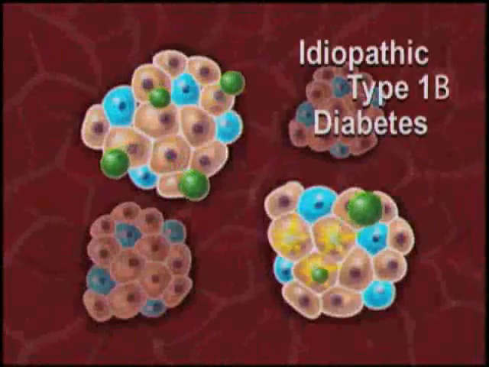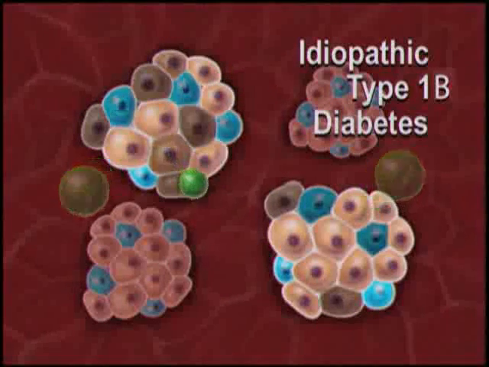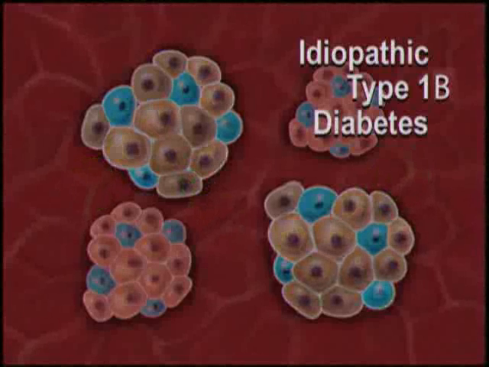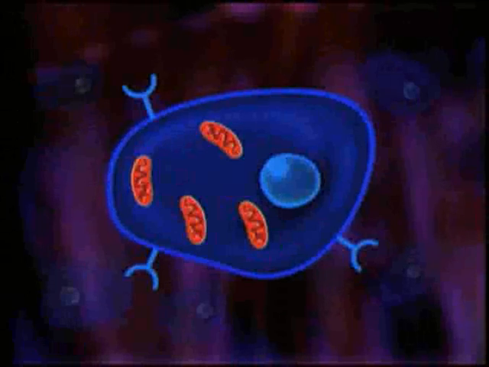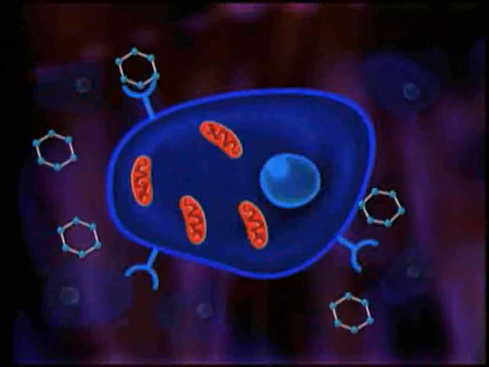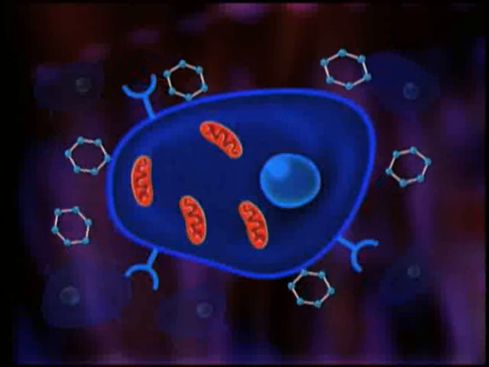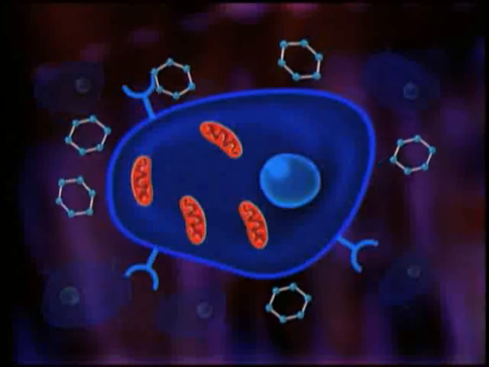In idiopathic type 1 diabetes, or type 1B, the cause of beta cell destruction is unknown. Type 1B accounts for less than 10% of type 1 diabetes cases. In both forms of type 1 diabetes, insulin production eventually comes to a halt. Without insulin, the patient develops hyperglycemia, or excess blood glucose.